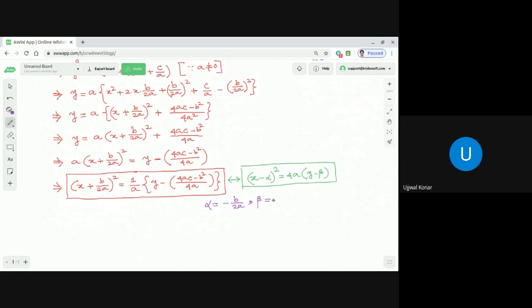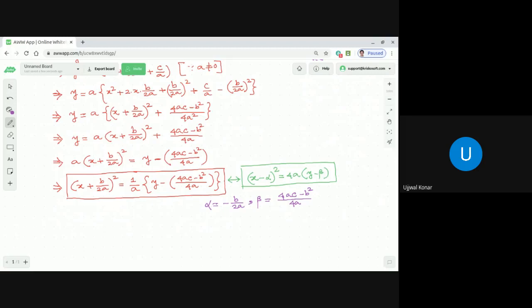Beta is equal to (4ac minus b square) divided by 4a. Correct, dear students? Clear? Yes. So this is the vertex of that parabolic representation of the quadratic function.